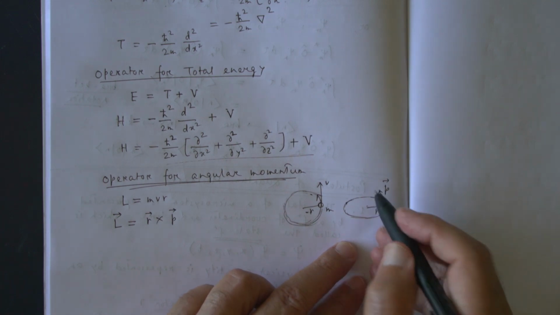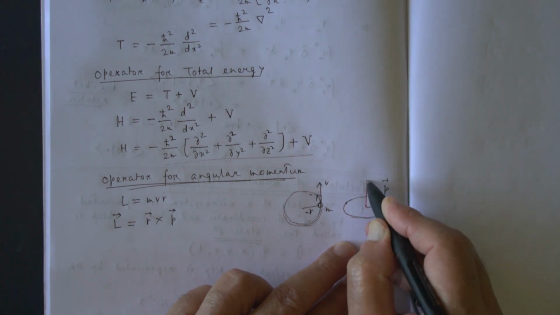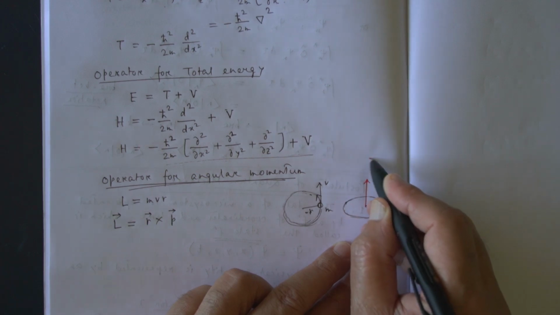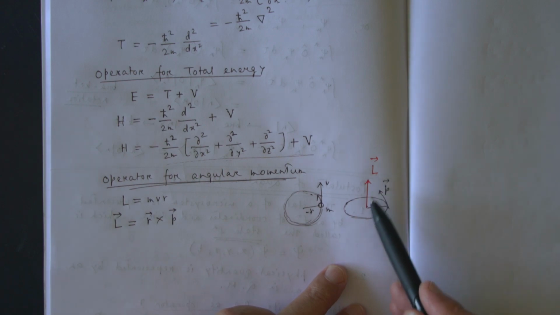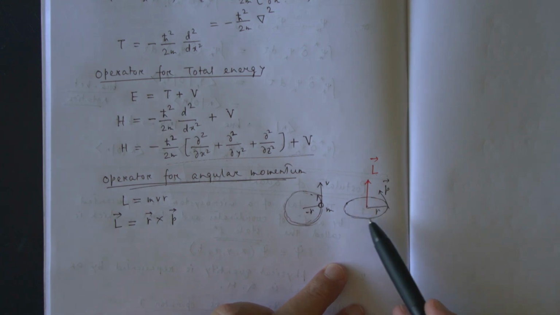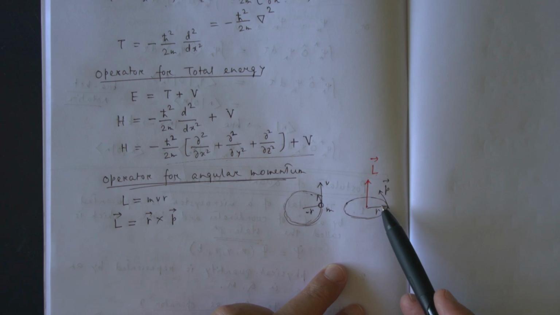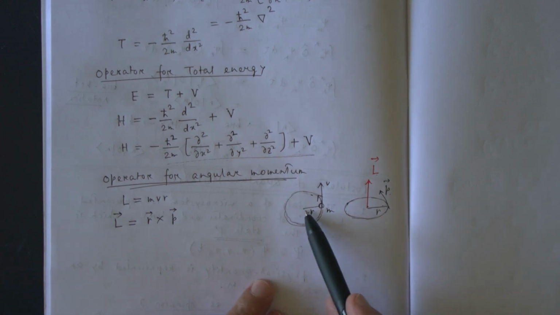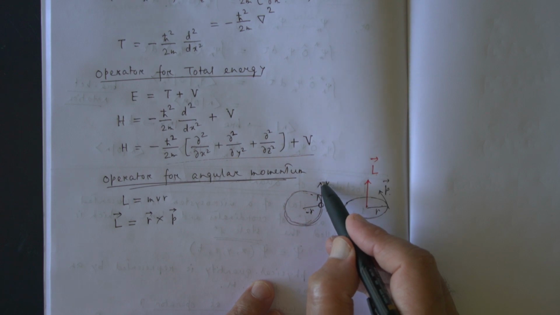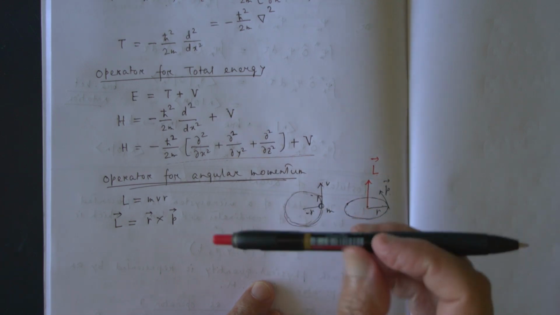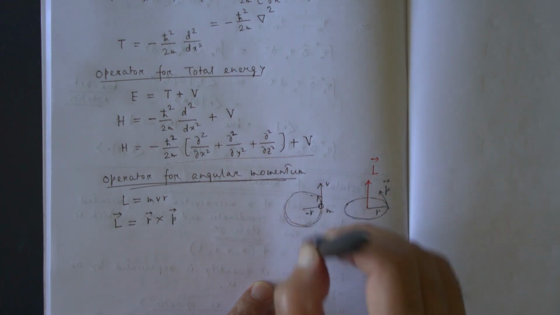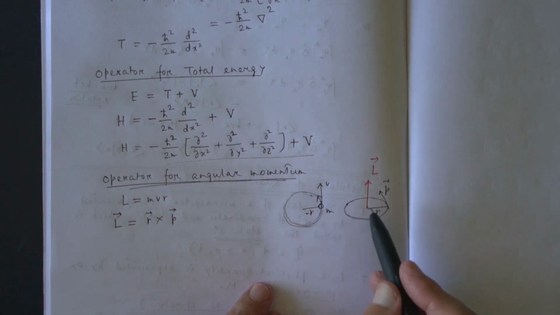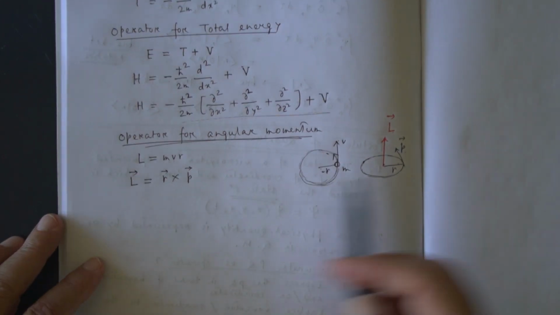That means the angular momentum vector is perpendicular to the plane formed by the radius vector and momentum vector. The radius vector and momentum vector are on the plane of the paper, so the angular momentum vector is perpendicular to this. So this is angular momentum, and in terms of vector, this.